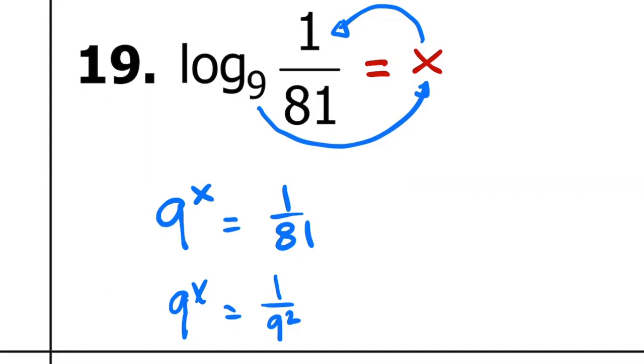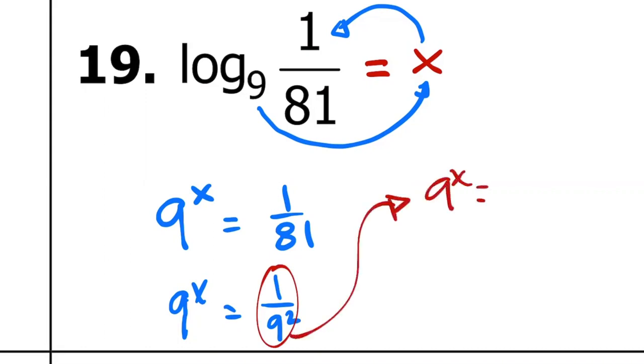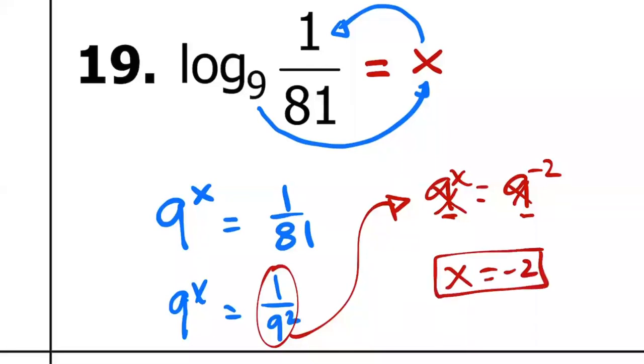So I'm going to flip this side. And so when I flip it, the exponent turns negative. So this becomes 9 to the x equals 9 to the negative 2, right? And then now I have the base is the same. I can say the base is the same, then the exponents have to be the same. So x equals negative 2.